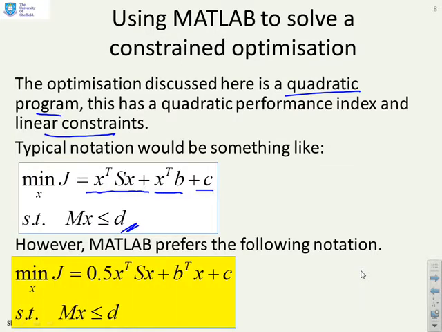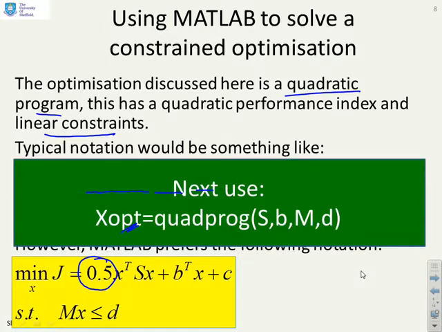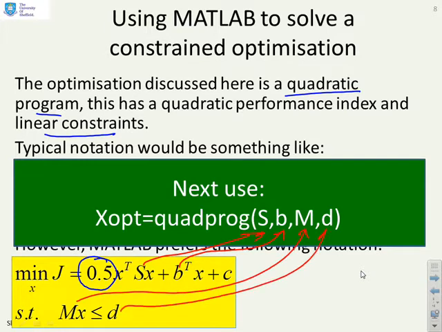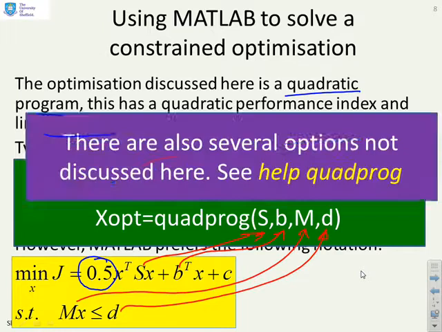Typically when you're using MATLAB, it prefers if you put a half on the quadratic part of the performance index, so you just need to bear that in mind when you're doing your MATLAB coding. The program that MATLAB provide for you is called quadprog, and you'll notice you put in your S matrix, which is taken from there, you put in your B vector, which is taken from there, you put in your M, taken from there, and your D, taken from there.